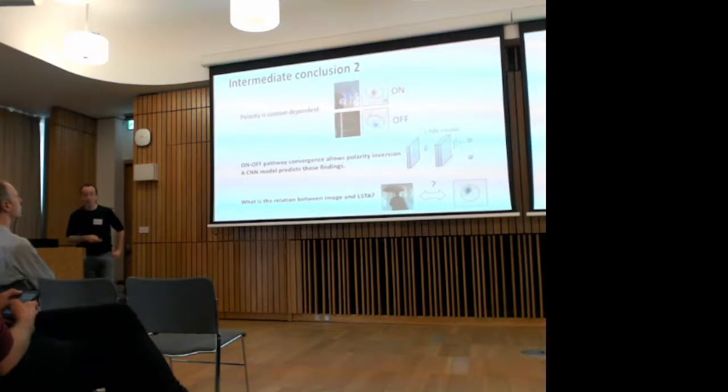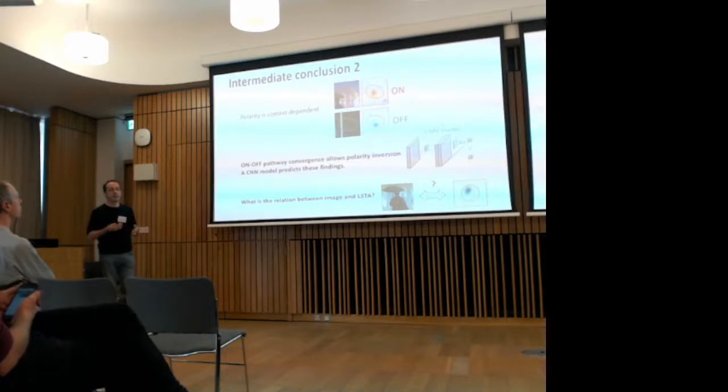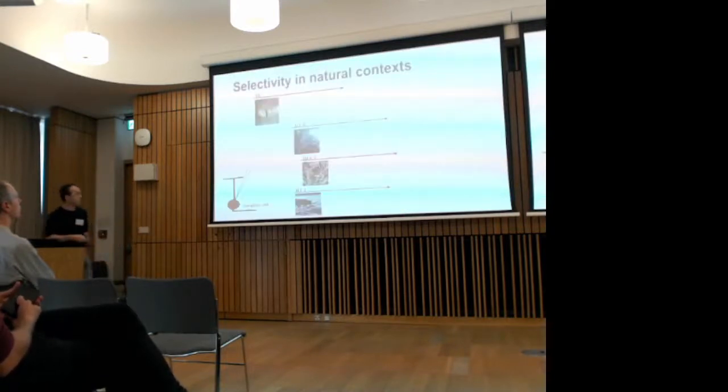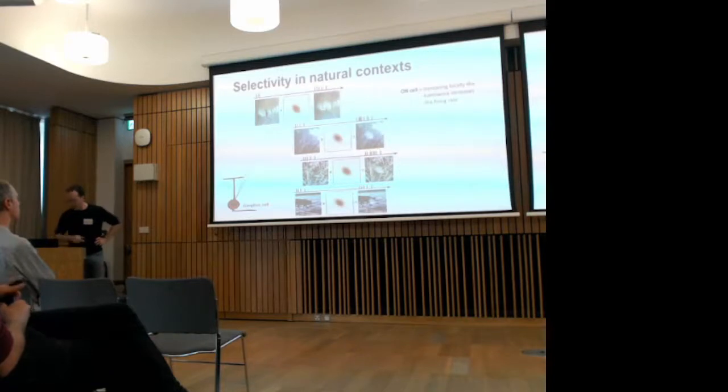This brings me to the last part. Since we have both the data and the model, we were wondering what the relation is between the reference image on one end and the corresponding local STA on the other. Can we find anything systematic here? To go back to where we started, imagine you have several images and your neuron is responding to them.